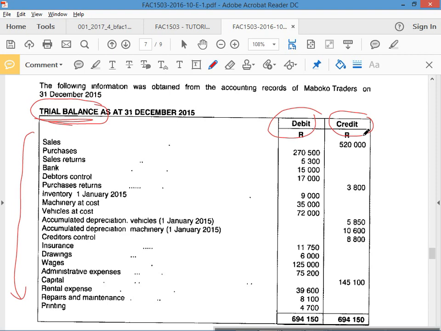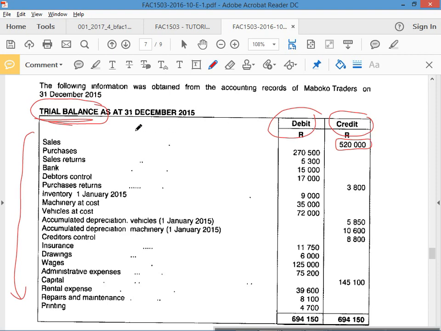Even with the trial balance, you need to be able to tell me what those accounts are. Okay, so let's do some of them. Sales is what? And income. You know income has a plus where? Where does income have a plus? On the credit side. And what do you know? The balance is on the plus.